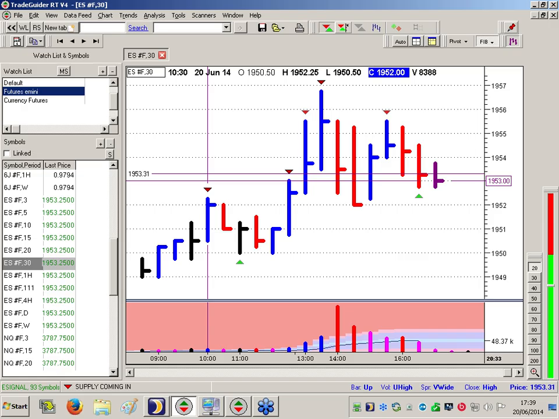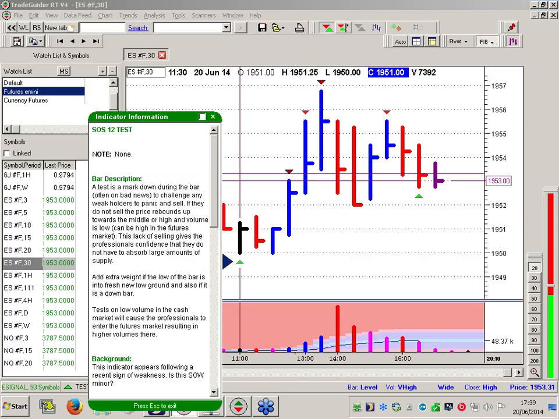Professional money are not particularly, they may be nervous or whatever, but they hold their horses and sit back and watch. And that results in an up move on no demand. But if they're still bullish or feel they could go up, they have a test. So whenever you see a test after a red arrow, and lo and behold, there it is, look. Test, the dialog box tells you all this.